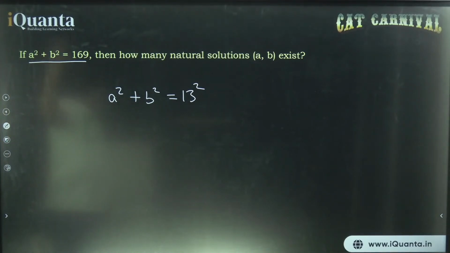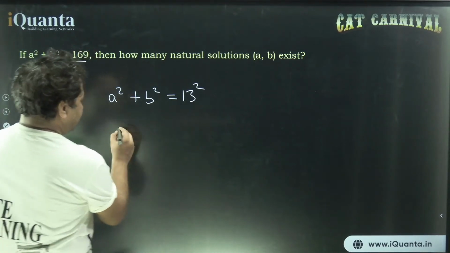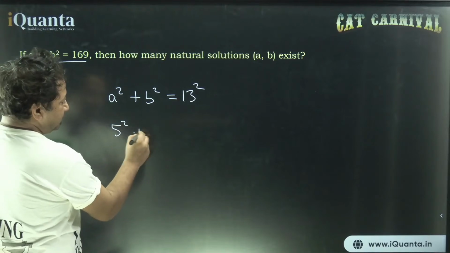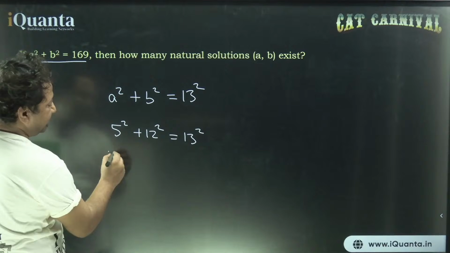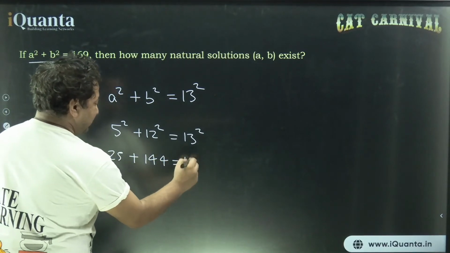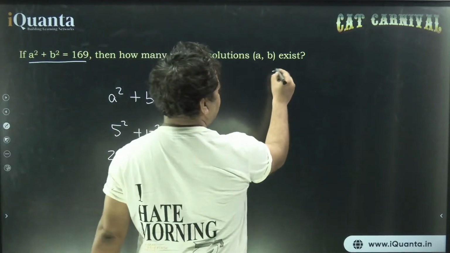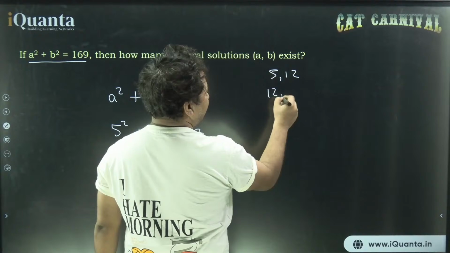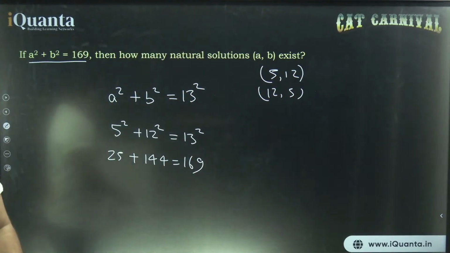So what values can a and b take? Pankaj, exactly. 5 square plus 12 square is 13 square. 5 square is 25, 12 square is 144. It is satisfying. So a and b can take the values 5, 12 or 12, 5. So we have two solution sets. Very good. A very easy question.